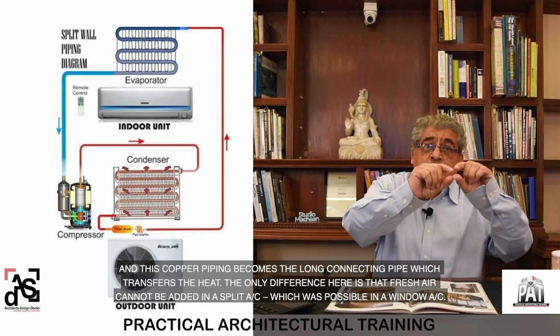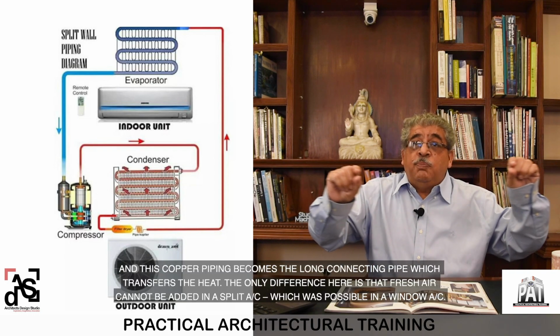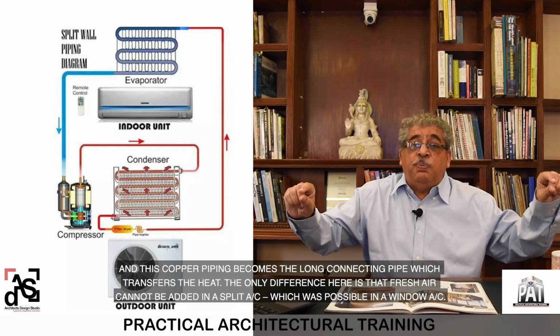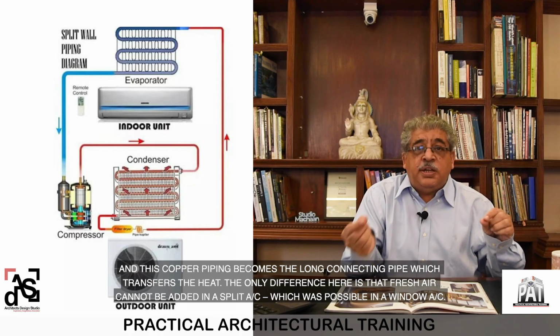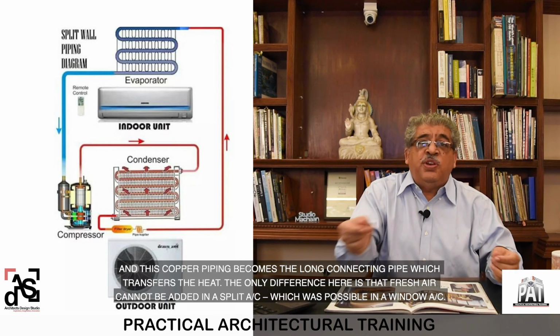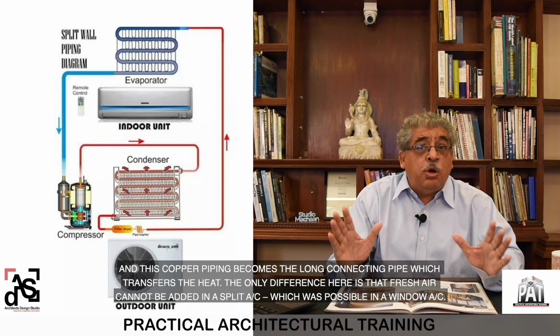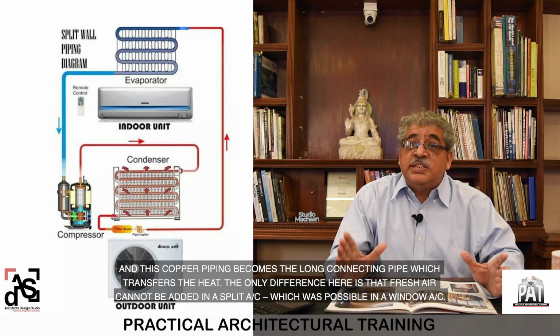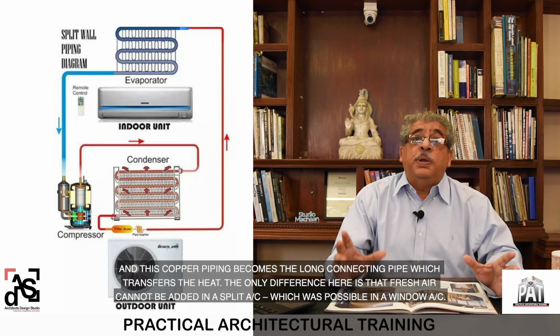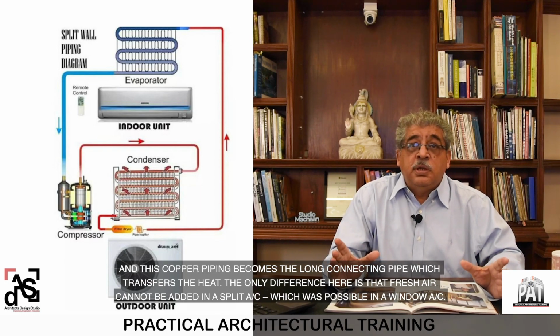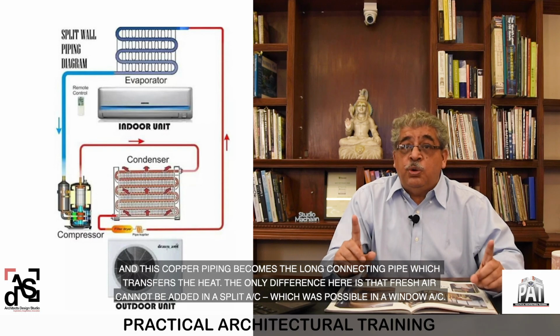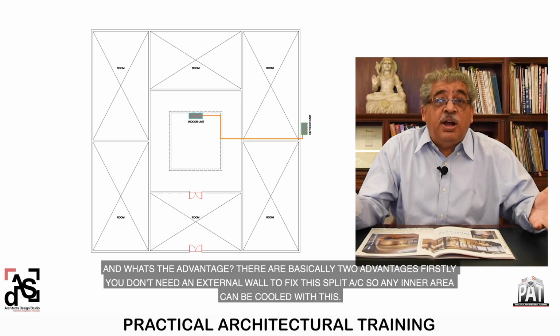And a copper piping becomes the long connecting pipe which transfers the heat via the refrigerant. Now the only difference here is that fresh air cannot be added in a split AC, which was possible in a window AC. And what's the advantage?